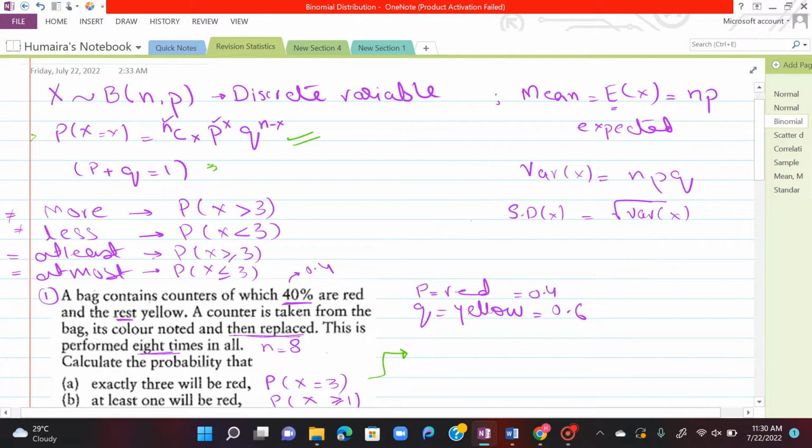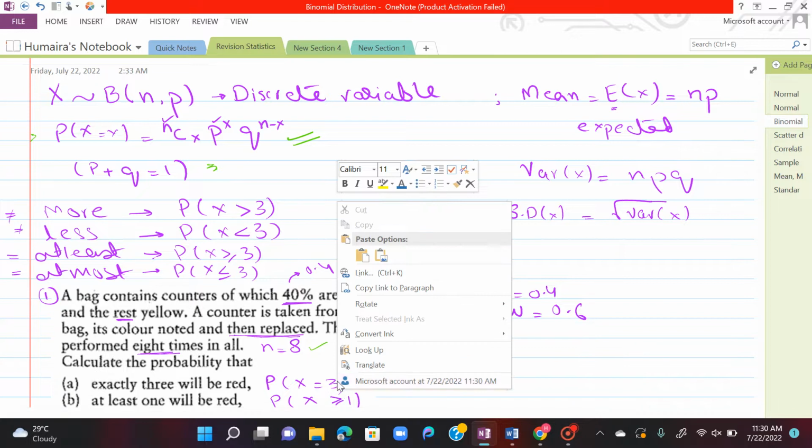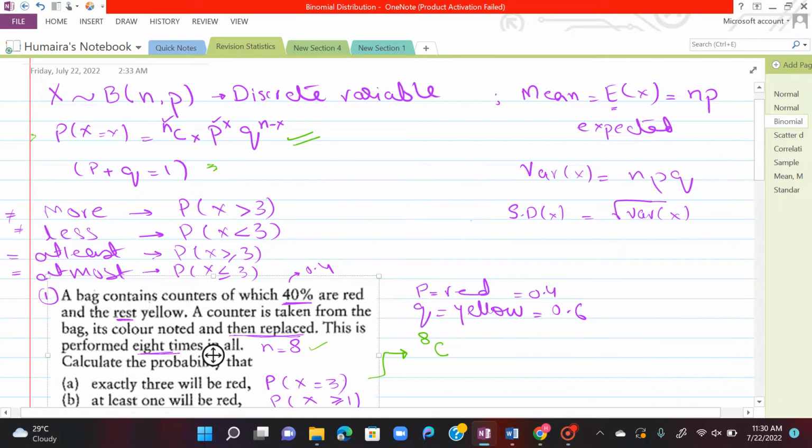What is n over here in my formula? 8. nCx, x in this case, I said to you, depends on the question, right? x is 3 here. Then p is the probability of having a red counter, so p over here is 0.4, so p^x. Q is 0.6, q^(n minus x).